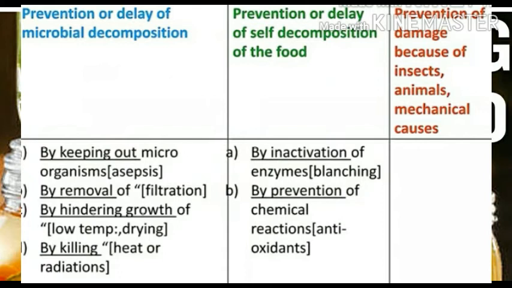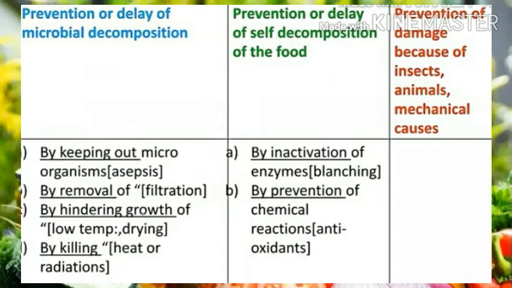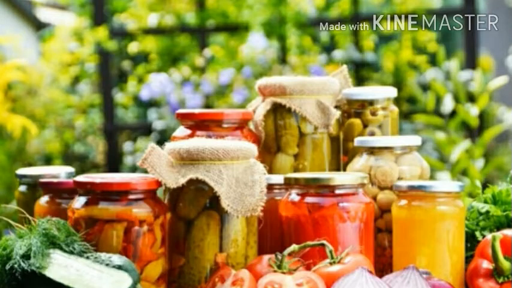The second method is prevention of chemical reaction, and it can be done by antioxidants. And the third one is prevention of damage because of insects, animals and mechanical causes. So these are the three methods we have to note down in order to preserve food materials.